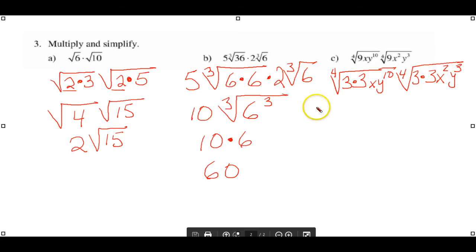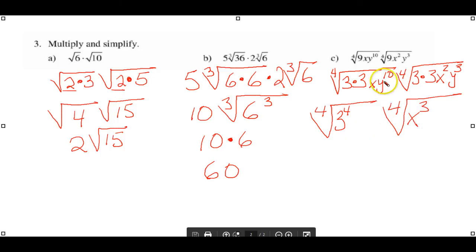So now I'm going to put all of my fourths under one radical sign, and whatever's left under the other radical sign. So I have 3 times 3 times 3 times 3. I could put an 81 here, or I could just put 3 to the 4th. That's a perfect fourth. Now I have x and x to the 2nd. That's never going to reach x to the 4th. So that x to the 3rd goes right there.